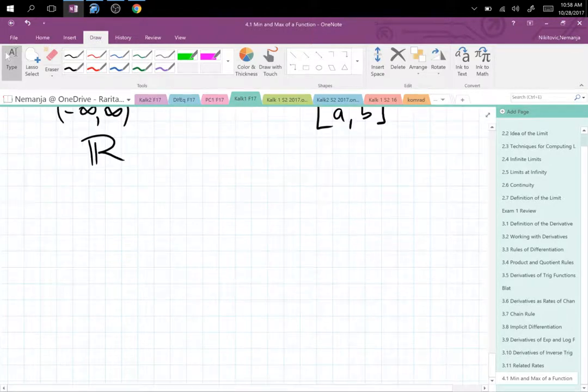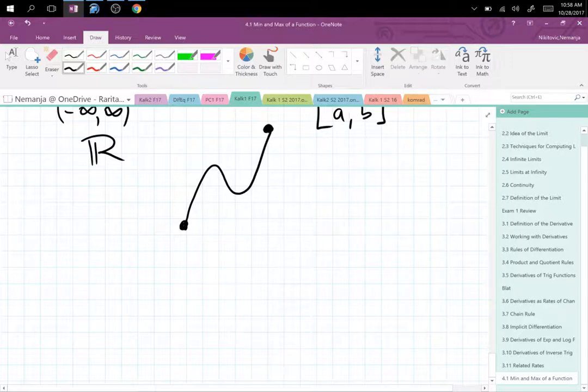Let me give you graphical examples for this. You see, I understand that there is a max and a min, right? There's a max here, which is a relative max, and there's also another relative min.